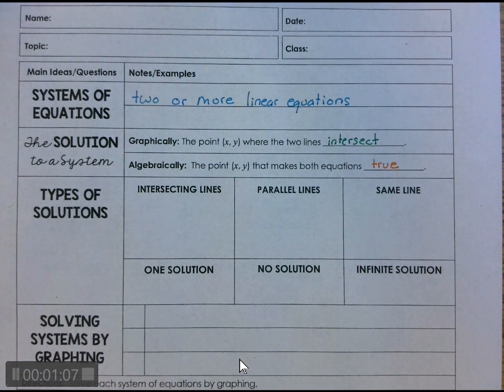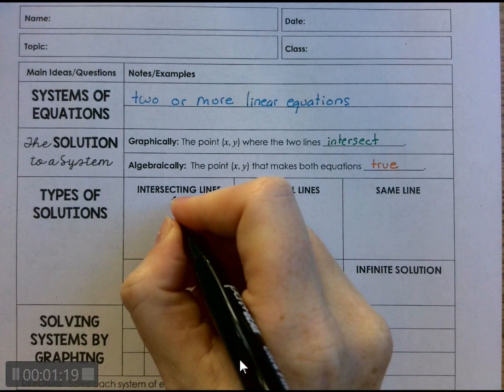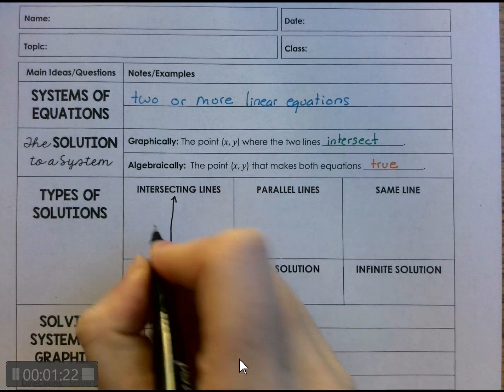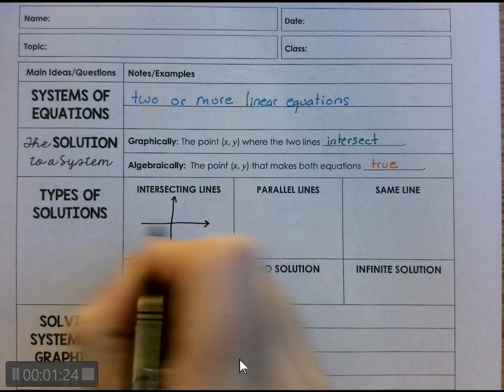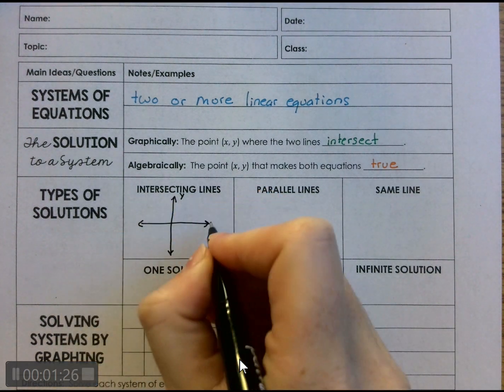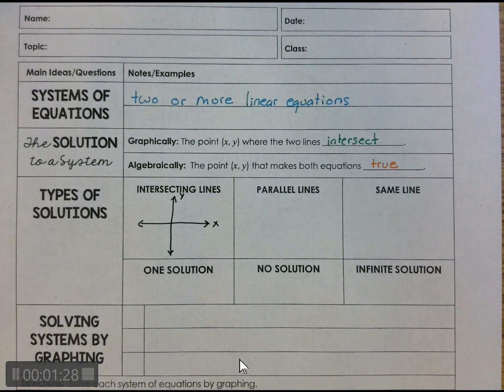Alrighty. Today we're going to focus on graphing. So there are three types of solutions when we are graphing. The first one is intersecting lines. So if I have, let me draw my little graph here. This is y and this is x.